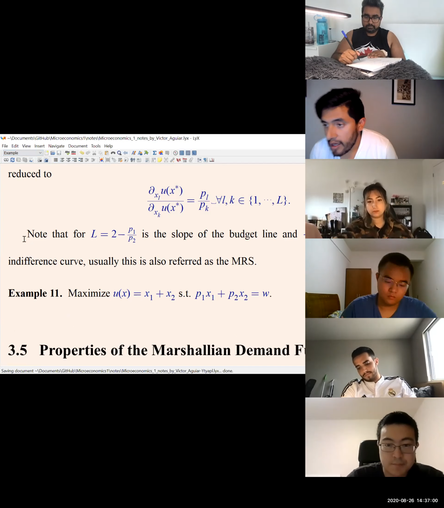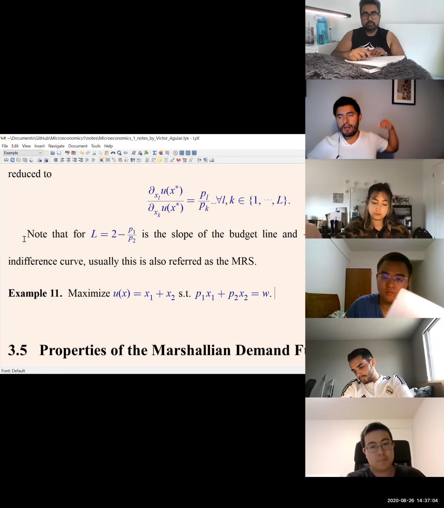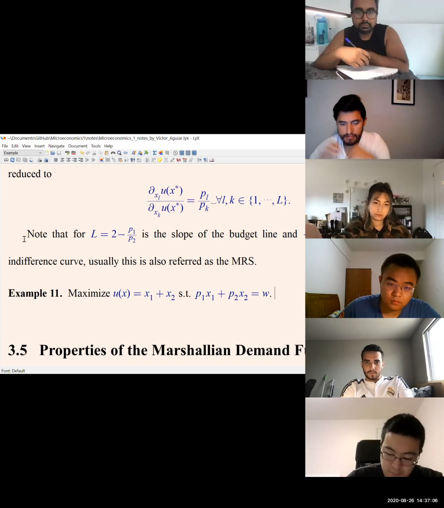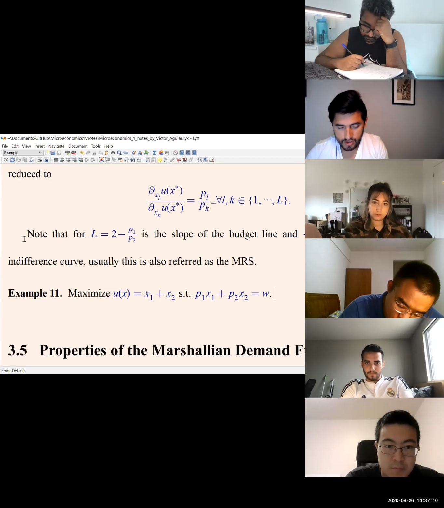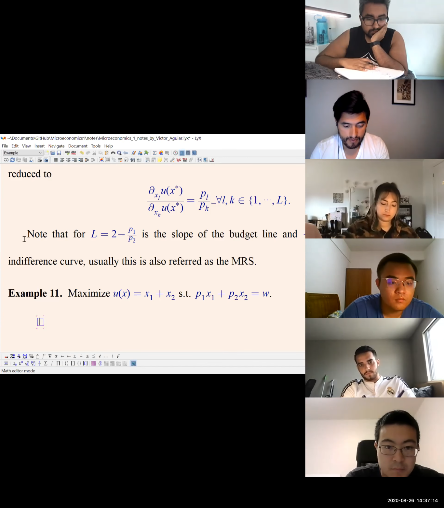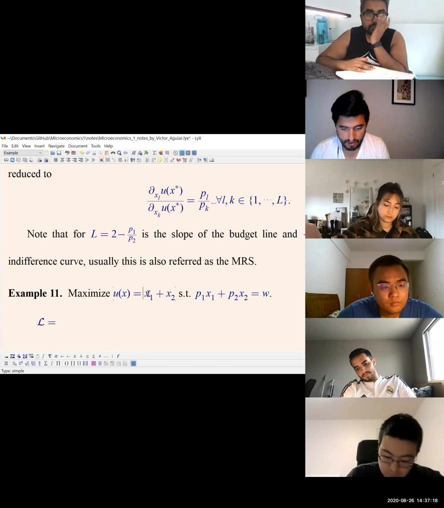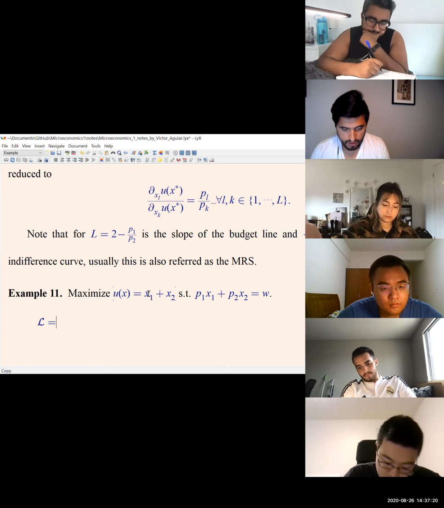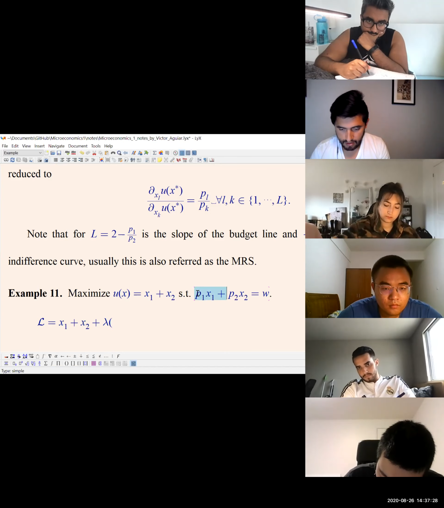Okay, so write down the Karush-Kuhn-Tucker conditions, please. Okay, so let's do it. The first thing would be to write the Lagrangian. I'm just going to write it down. And then I have p1 minus w.